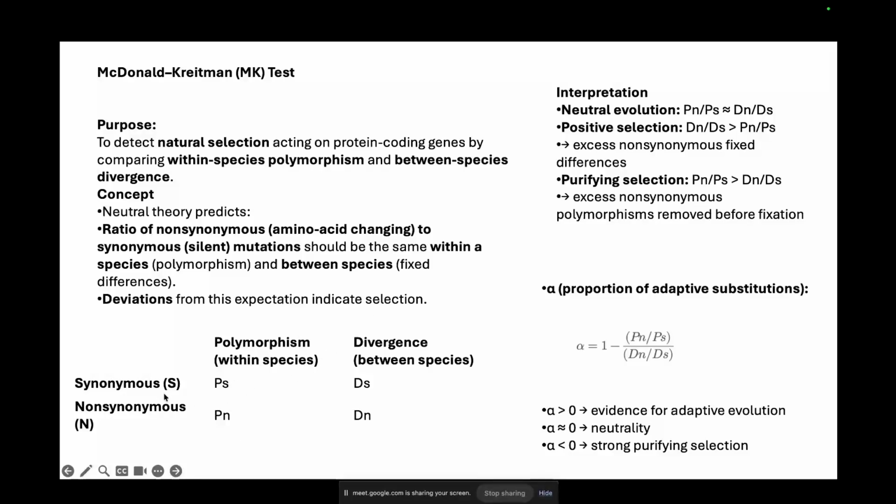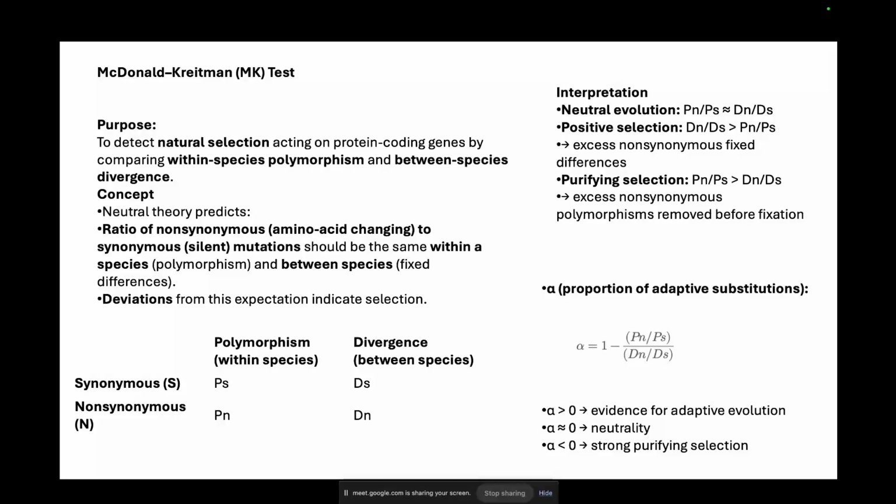So this is the synonymous set of mutations, non-synonymous, and within species you give it as PS for synonymous and PN for non-synonymous, and similarly between species DS and DN. If the evolution is neutral, there is no selection happening here, then the ratios should be almost equal or very close to each other. If positive selection is happening, so you are finding an excess of non-synonymous differences compared to synonymous mutations, then it is a signal that some sort of natural selection is at play.